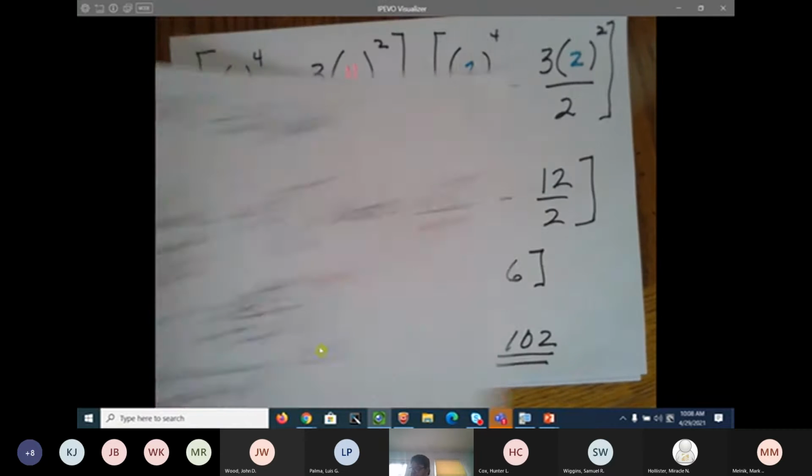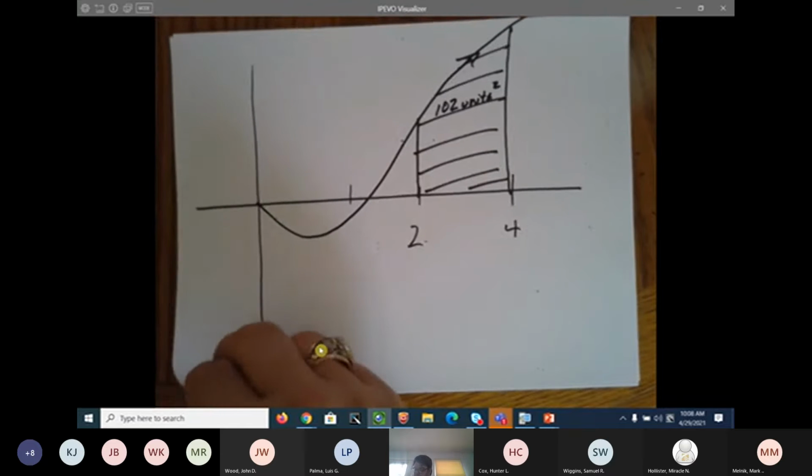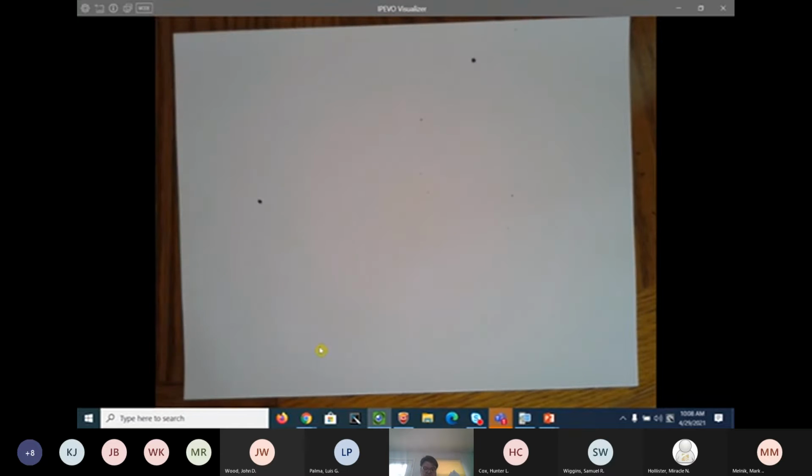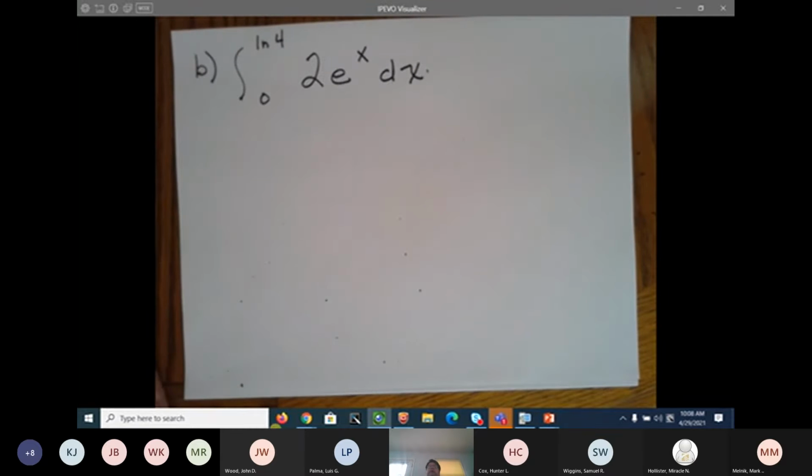Okay, so let's do e to the x. There you go. Now the good thing about e to the x is the antiderivative of e to the x is e to the x. So that's a good thing.